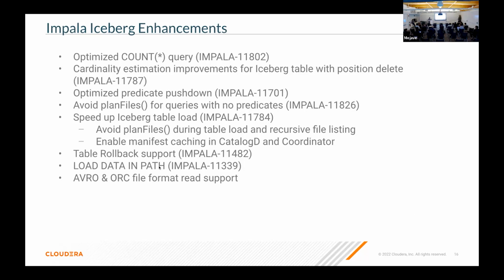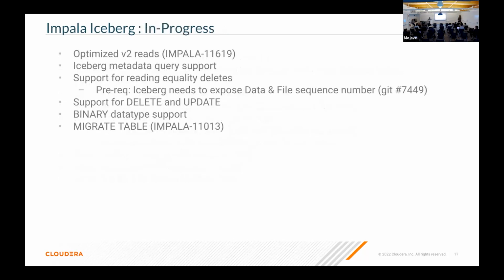Then there's this load data in path, which is similar to the other feature I described in Hive, where you have a set of files and you want to load them into an Iceberg table. As far as V2 enhancements are concerned, we added V2 read support in Impala. And in the future, we will also provide the write support for that.